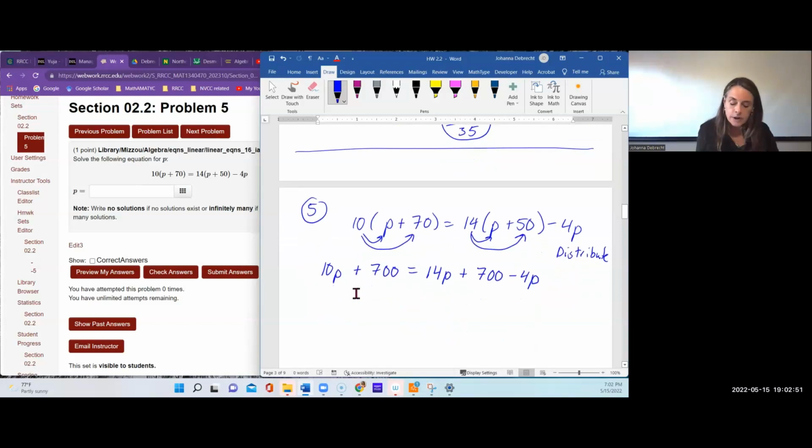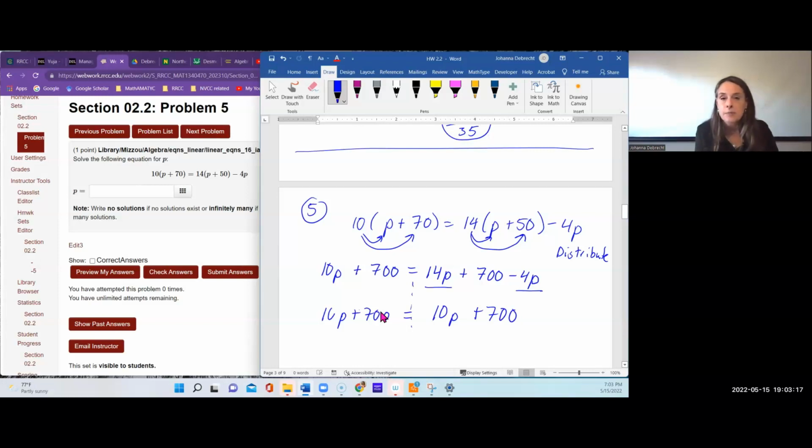The next thing we want to do is combine like terms that are already on the same side. My balance point is here, so I've got a 14p and a minus 4p that can be combined together. This gives me 10p plus 700 equals, well, 14p minus 4p is 10p plus 700.